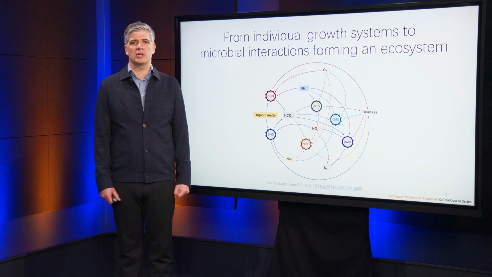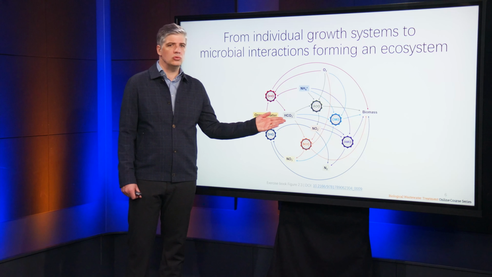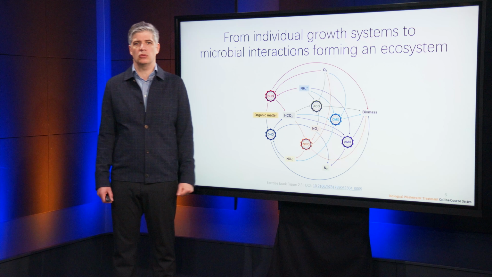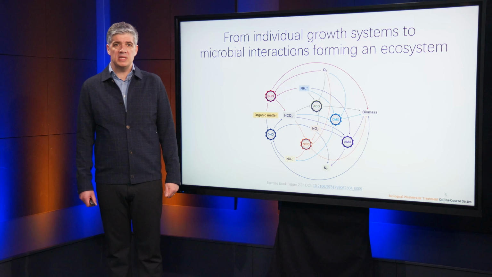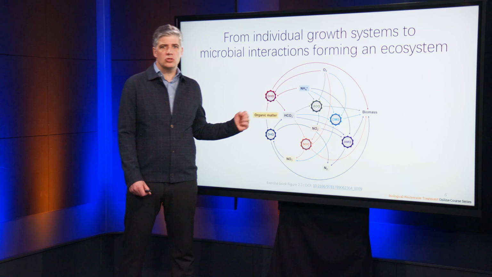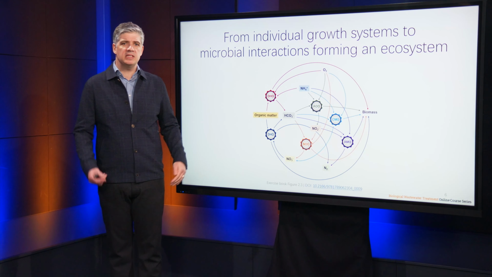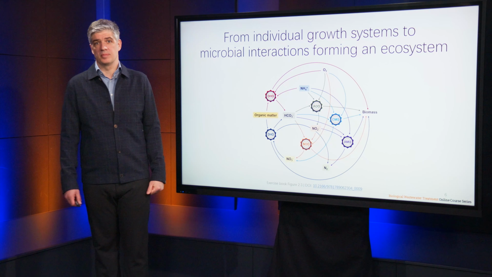Nitrifiers and anamox organisms are chemolitho-autotrophs and use the CO2 or the bicarbonate produced by heterotrophs and denitrifiers as carbon source. Besides catabolisms, the carbon and nitrogen resources are assimilated in all these microbial biomasses through anabolism.